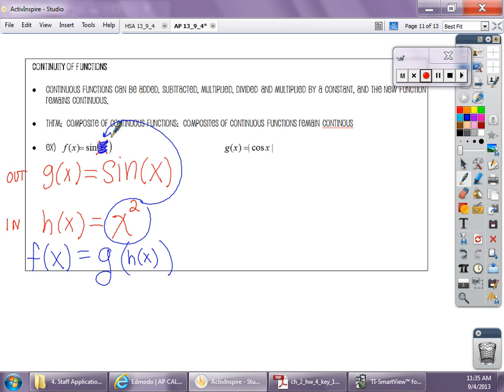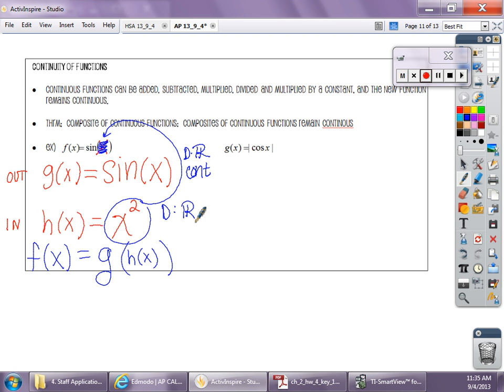So, real quickly, if you know that this guy is continuous, and the easy way to tell is a domain of all real numbers, there's only one function I taught you guys that it doesn't work for. What function has a domain of all real numbers but isn't continuous? Definitely not int x, the greatest integer function.